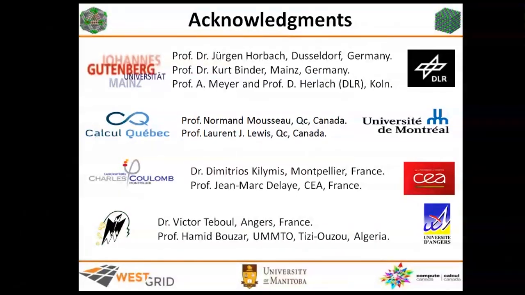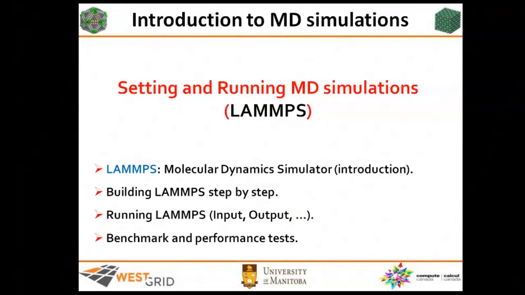For the second part of this talk, I will go through one of the MD codes, which is LAMMPS. I will talk about what you can do with LAMMPS, how to build LAMMPS, how to run it, and the most important, how to run some benchmarks and performance tests. So what is LAMMPS?